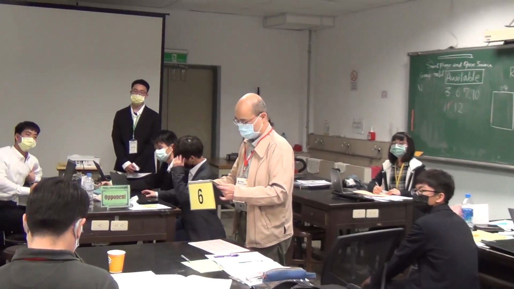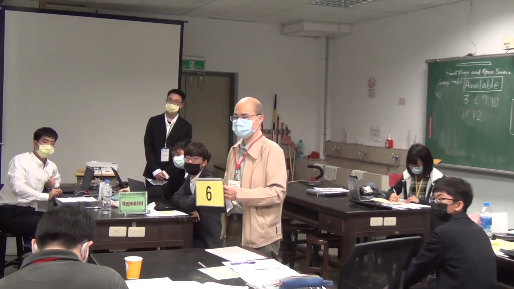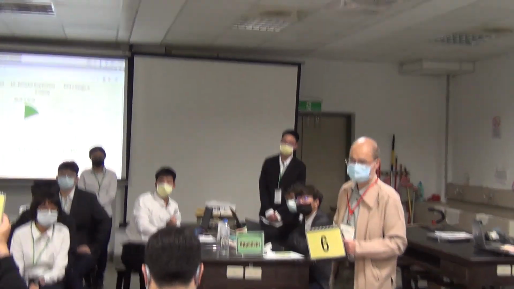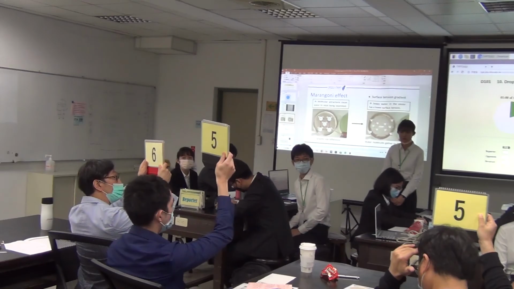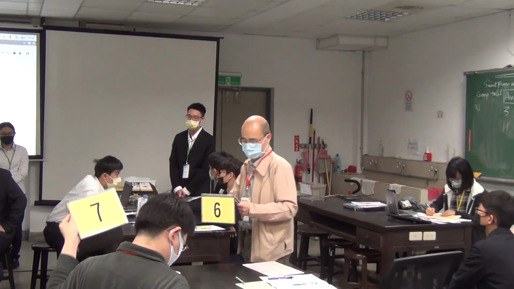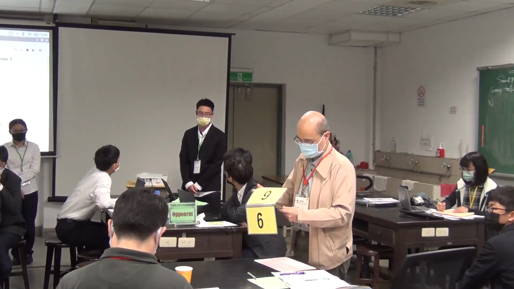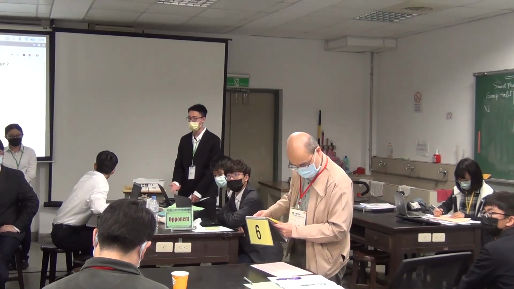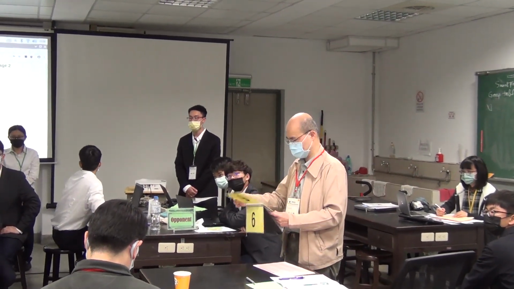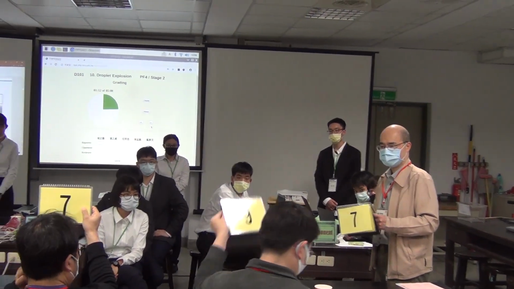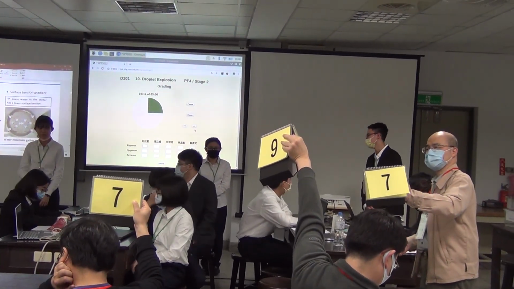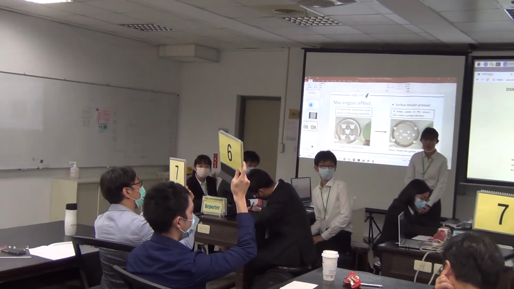The opponent: 6, 7, 5, 5, 6. Finally, for the reviewer: 7, 9, 7, 6, 7.